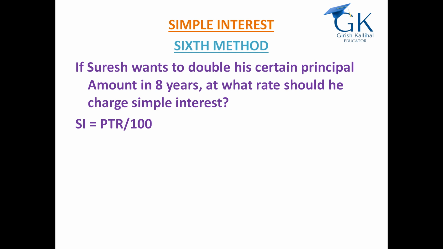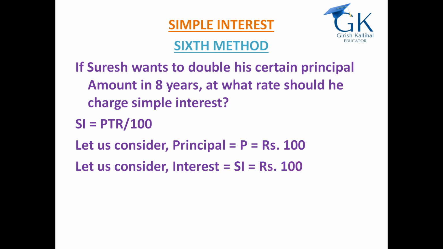We know the simple interest formula, that is SI is equal to PTR divided by 100. In this statement, let us consider principal amount, that is P is equal to 100 rupees. Because they have not given any amount here, you can consider X also, that is no problem. But to simplify the calculation, I am considering principal amount as 100 rupees.